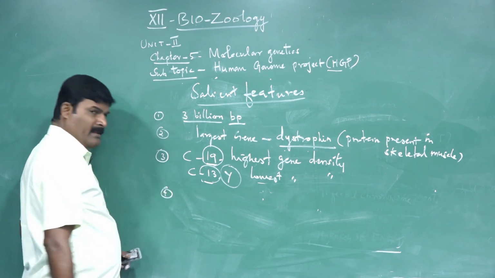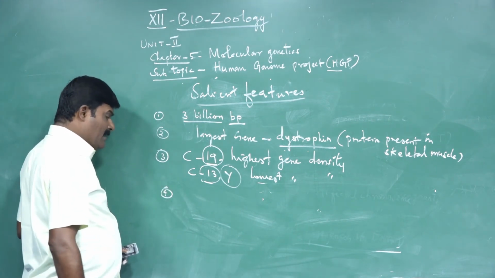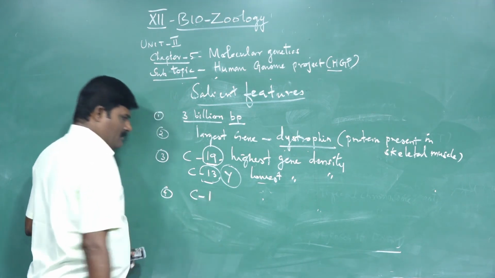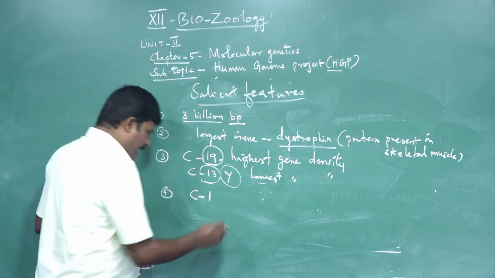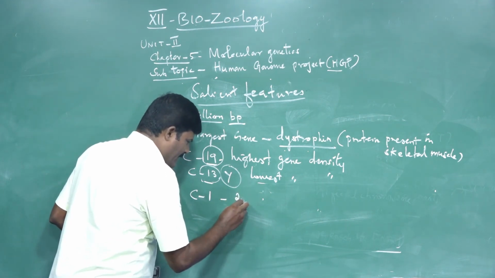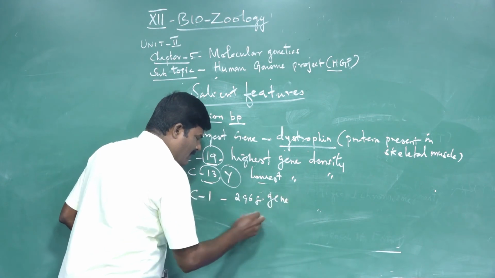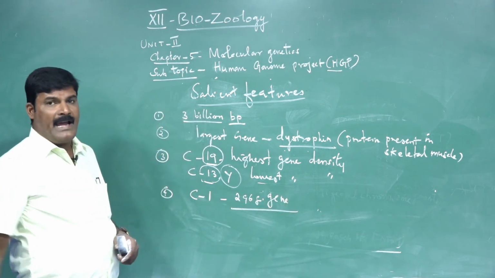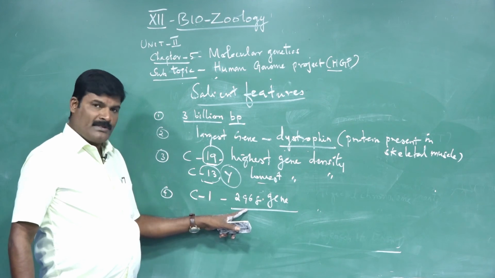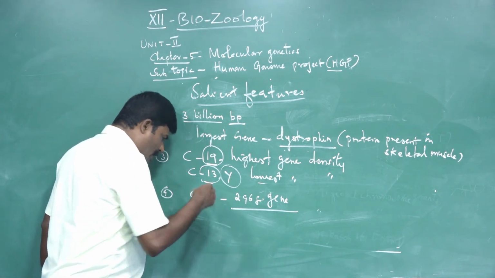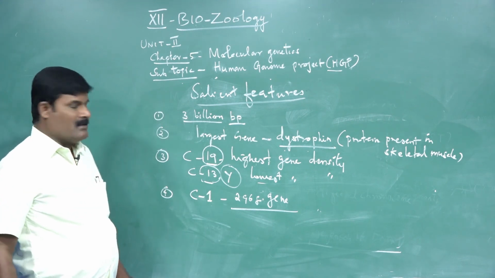Similarly, which one is the largest chromosome? That is chromosome number 1, which contains 2,968 genes. Which chromosome has the highest number of genes? Chromosome number 1 among the 23 pairs.